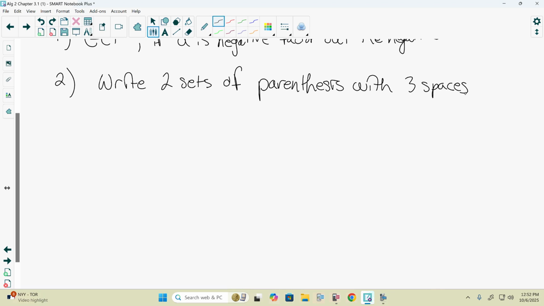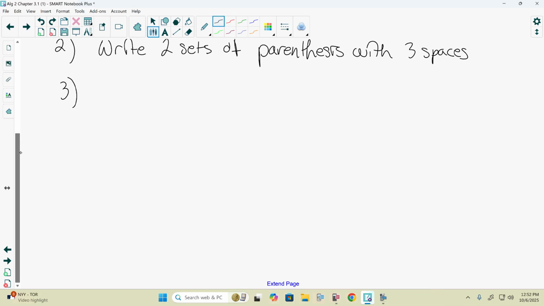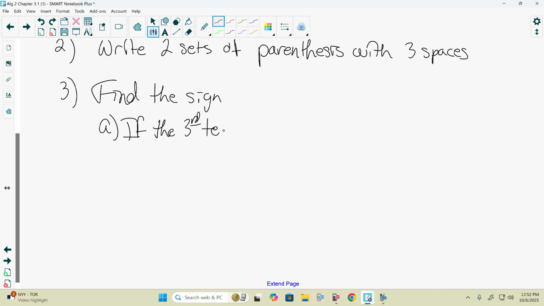So step 2 is we're going to write 2 sets of parentheses with 3 spaces. Our third step is to find the sign. If the third term is positive, then the signs are the same and match the sign of the middle term.